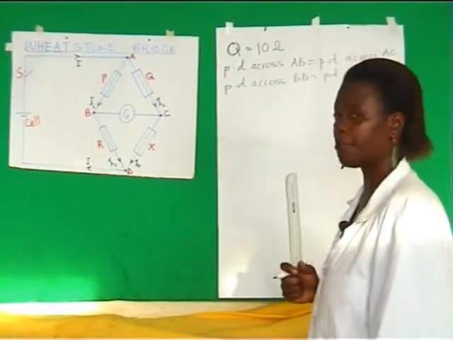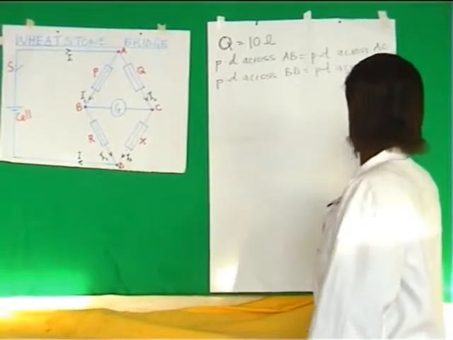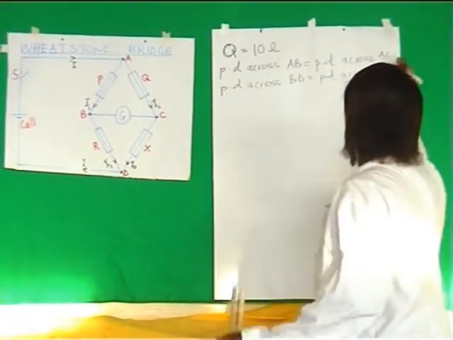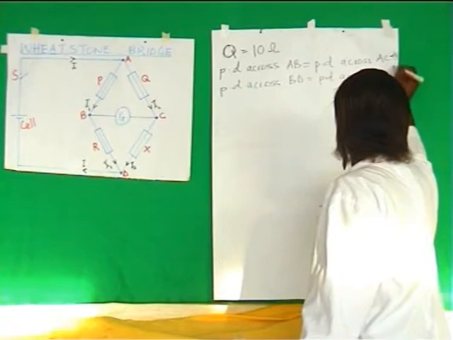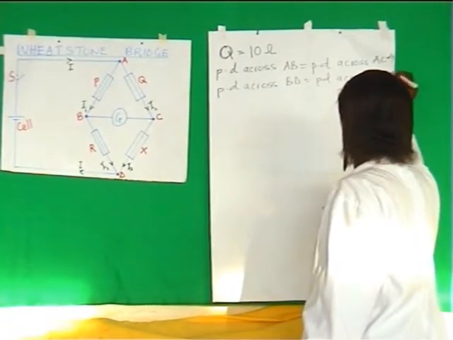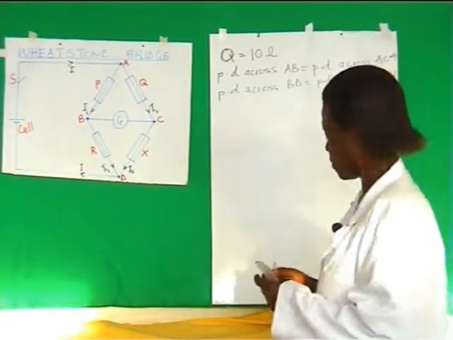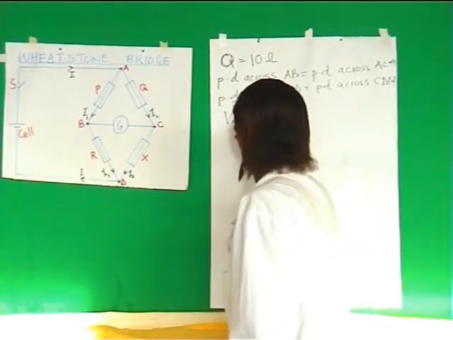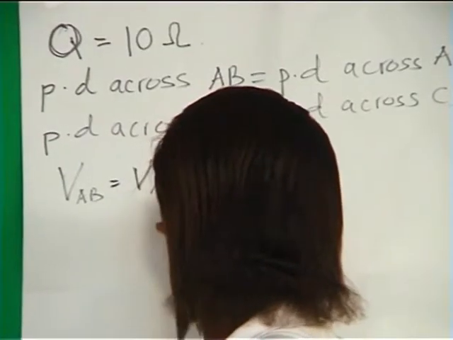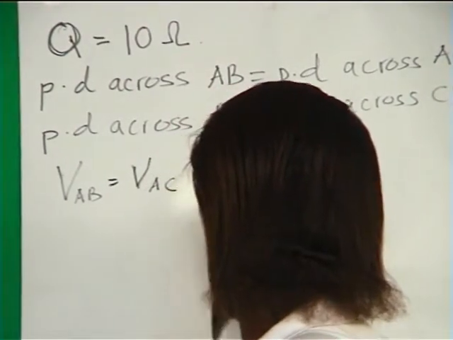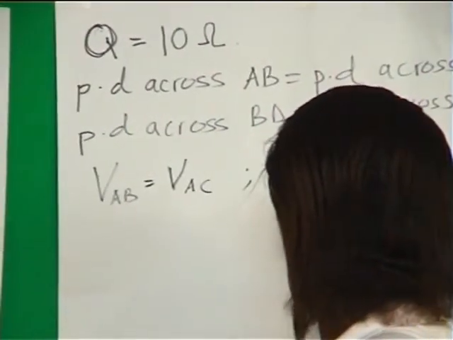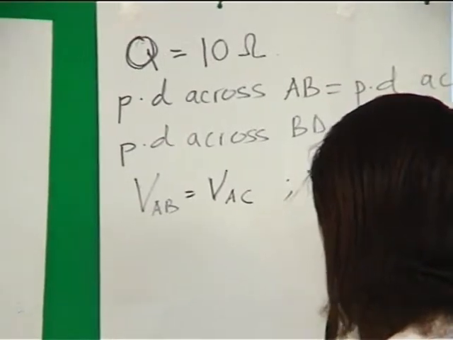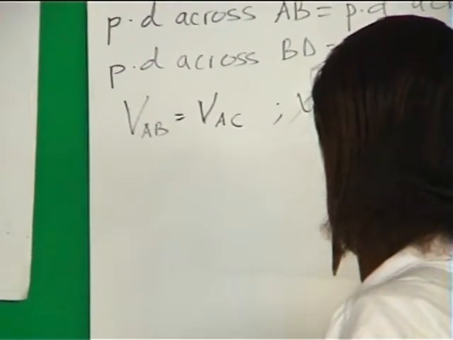Now, by using a formula, make a relation of expression number 1 and expression number 2 in terms of ratios, which is equal to VAB, VAC, and VBD is equal to VCD.